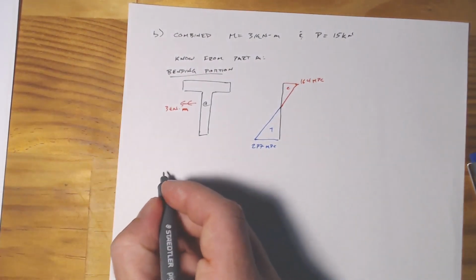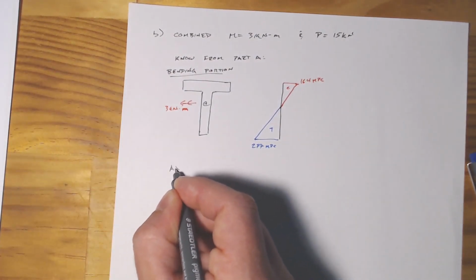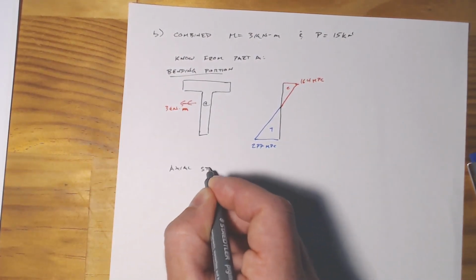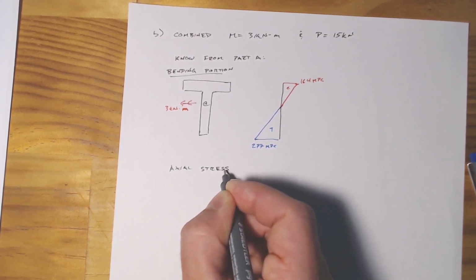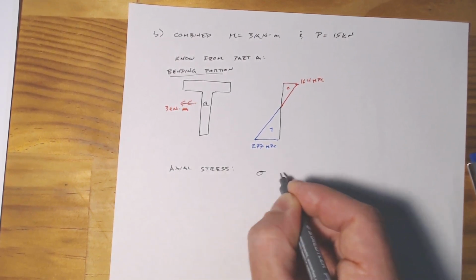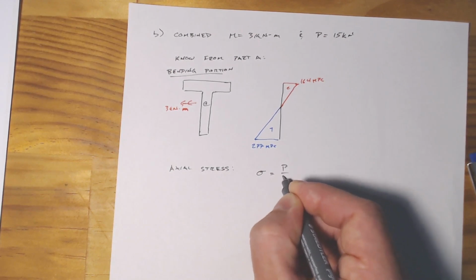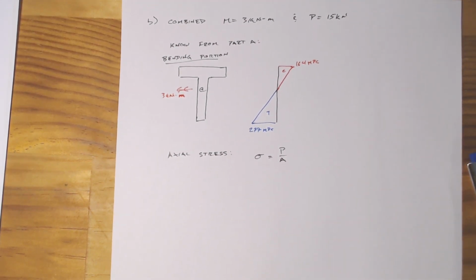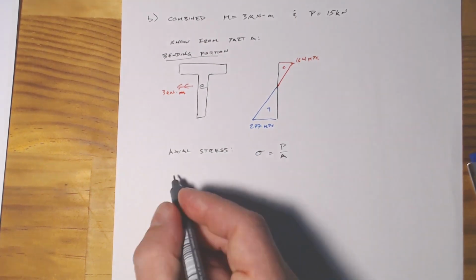Our axial stress is simply going to be the applied load over the area. So all we have to work out is what the area of the cross section is.